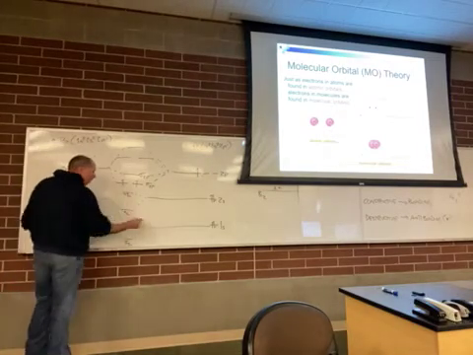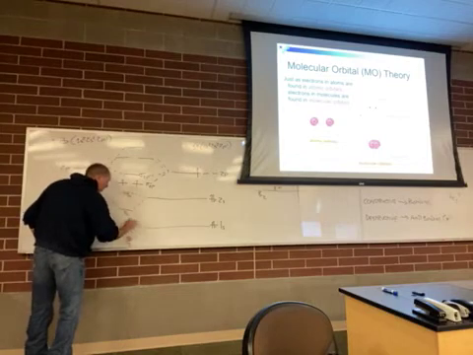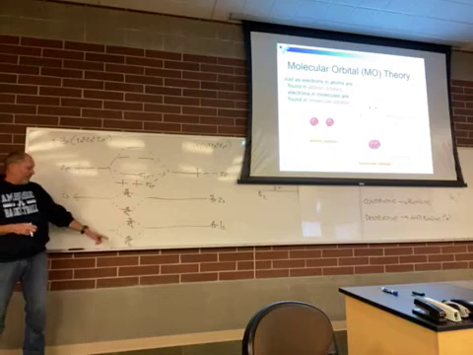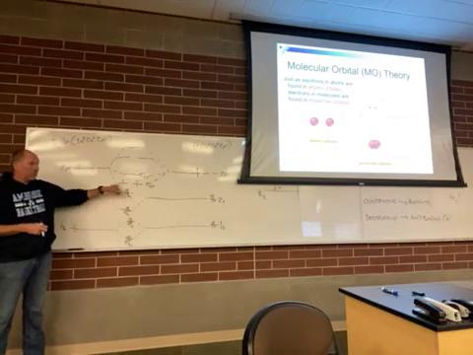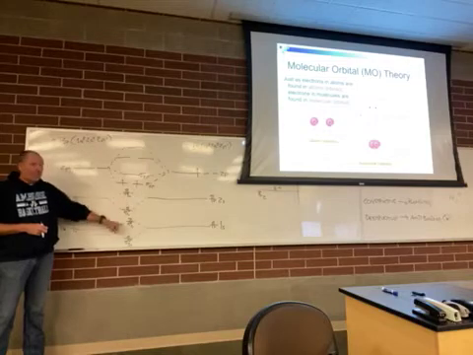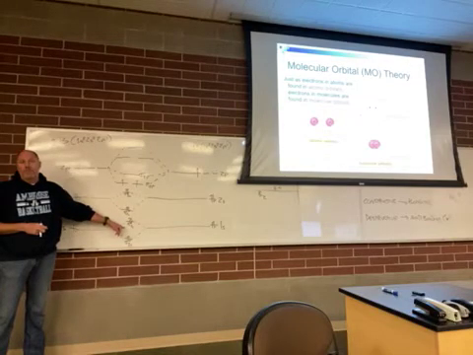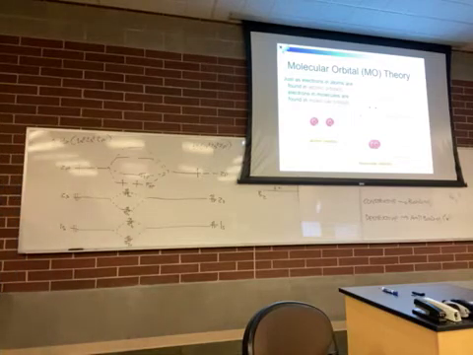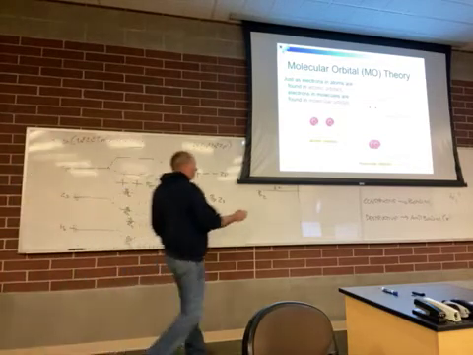Bonding, whoops, sorry. Fill all these in. They're all full. So it's going to be 2, 4, 6 minus 2, 4, divided by 2. 6 minus 4 divided by 2 is 1. So the bond order for B2 would be predicted to be 1.